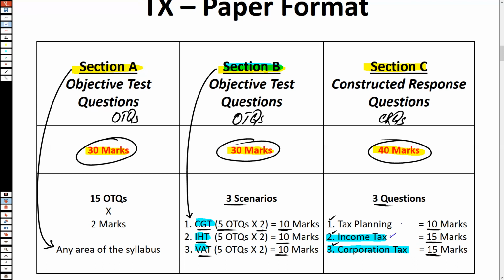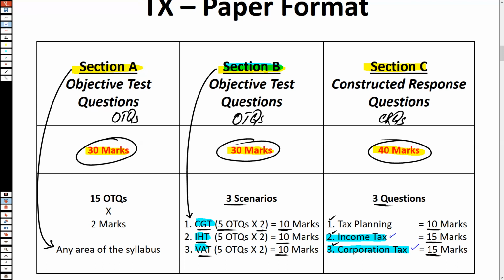I repeat, in section C, there will be a question on taxation of an individual person, like if you and I are paying taxes. So these are the taxes of an individual person. It means income tax.